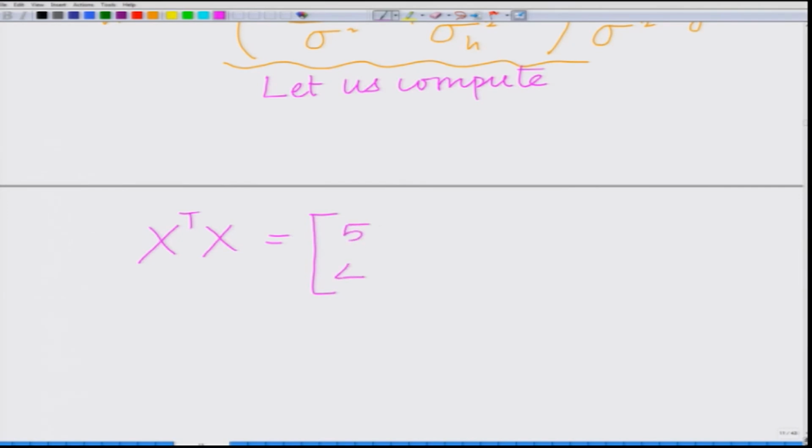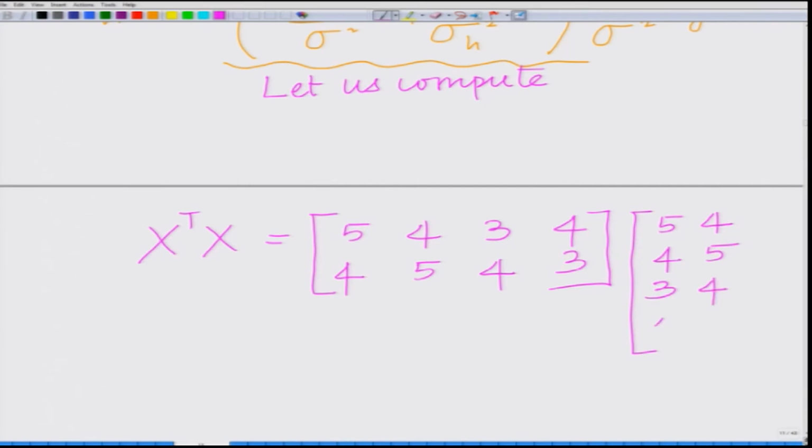So, this is 5 4, 4 5, 3 4, 4 3, the transpose of the matrix, into itself.